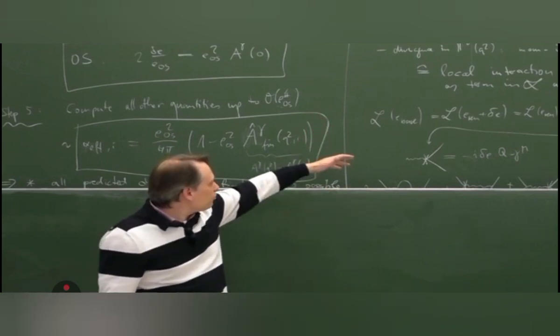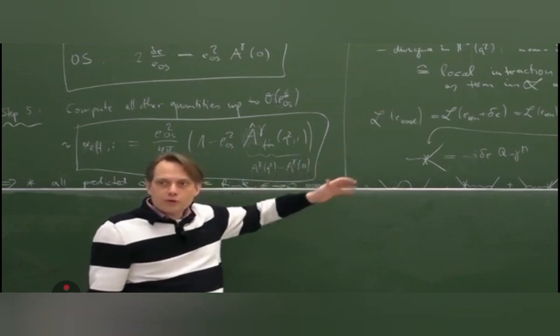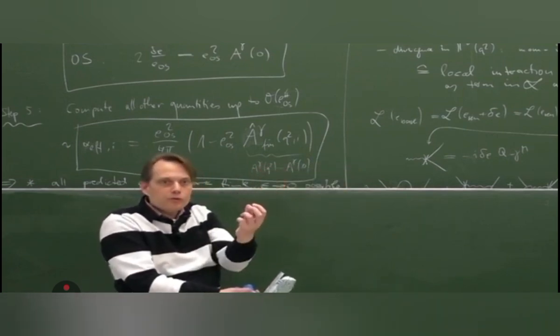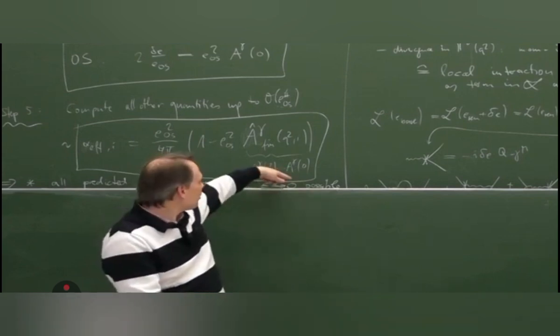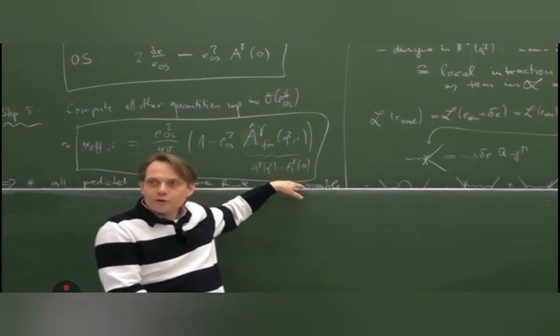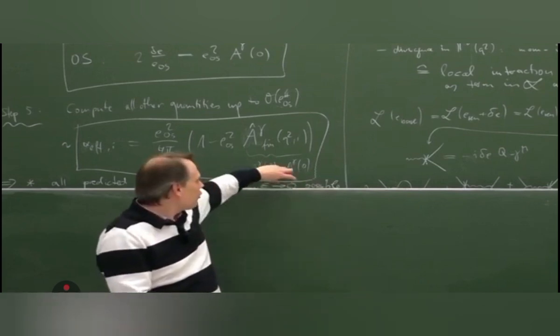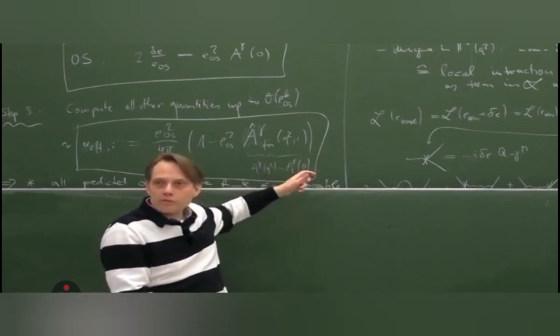Because the regularization and renormalization procedure basically changes our theory at very, very small distances, and the fact that the limit epsilon going to zero exists means that our observables do not depend on the details of how we modify our theory at very, very small distances.